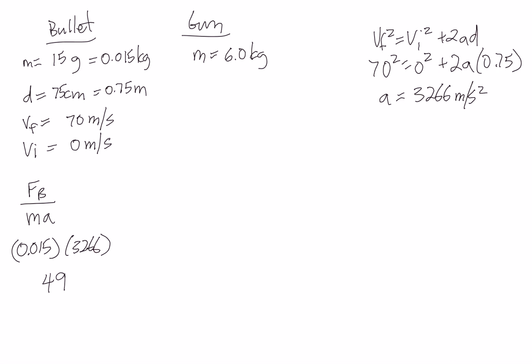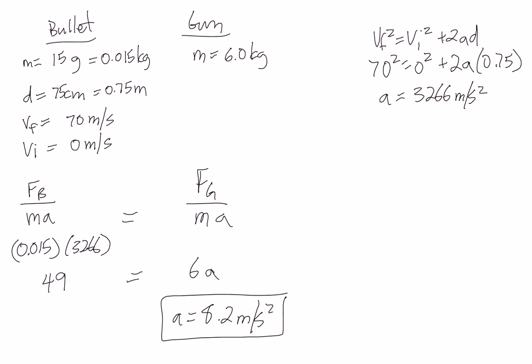Okay, so that means the gun is going to push the bullet at 49 newtons, so the force acting on the gun is going to be the same. It's going to be 49 newtons as well. So we'd have 49 newtons equals 6 times acceleration. So 49 divided by 6 gives us an acceleration of 8.2 if we round it off.